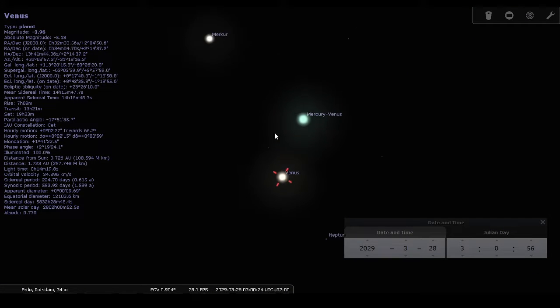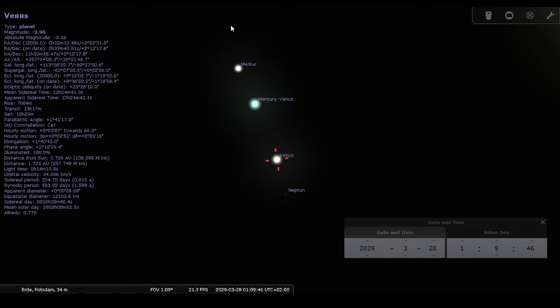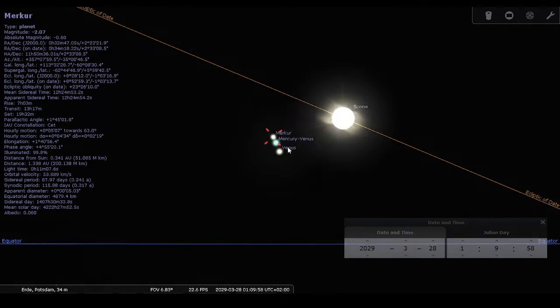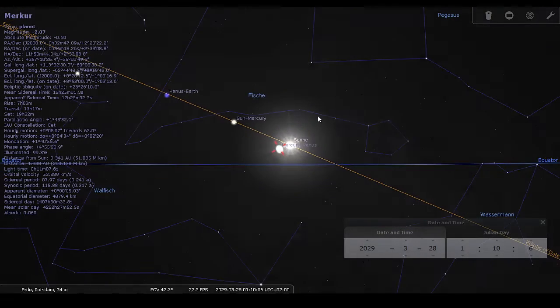You can see 4 planets in a row, but one planet, this one, is hypothetical, and these 3 planets are real existing planets, but it's too close to the Sun to be observed by telescopes, so it would be in the day sky.